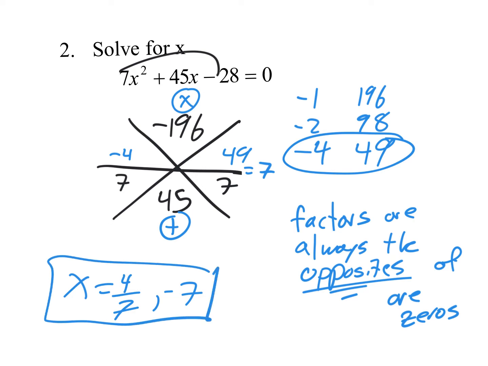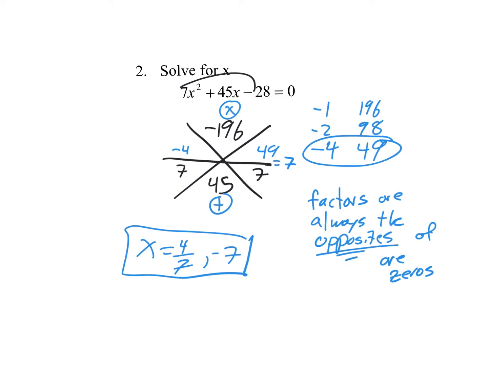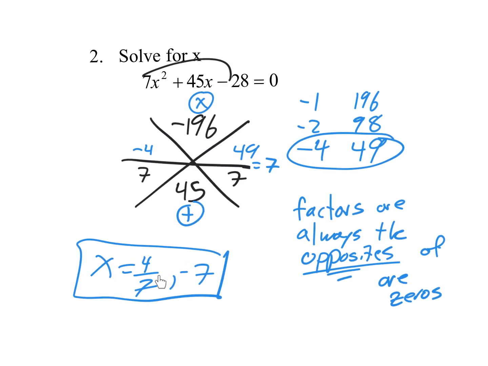All right, let's go to number, oh, by the way, could you take these, plug them in for x, and see if you get 0? Yeah. Could you take negative 7, plug it in for x, see if you get 0? Yeah, you could, and you would get 0 because these are the right answers. If you get the wrong ones and you plug them in, you won't get 0, and then you can know, oh, that's not the right answer.